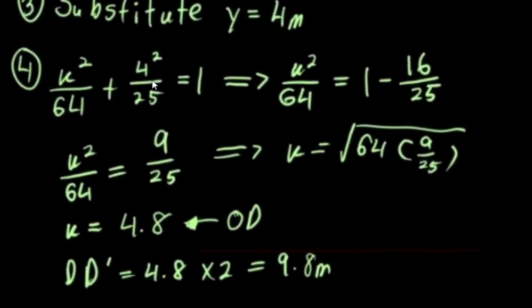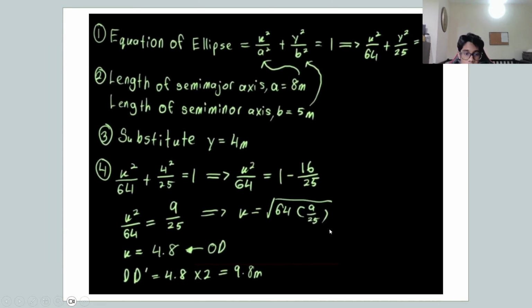So we just move the 4 squared over 25 to the right hand side. Then we'll get x squared over 900 equals 9 over 25. So we move the 900 to the right side and add a square root because it's x squared. Then we'll get x equals the square root of 900 times 9 over 25. So in the end, we'll end up with x equals 18, which is not the answer.